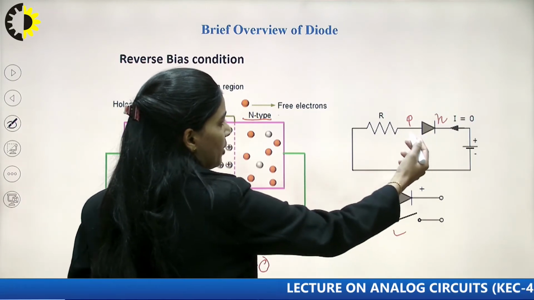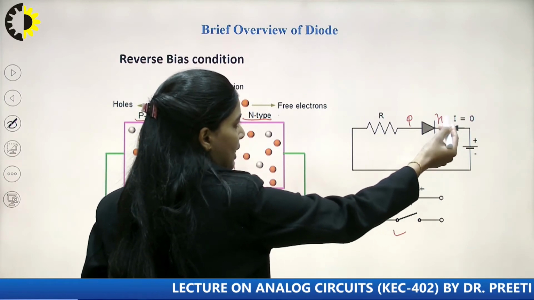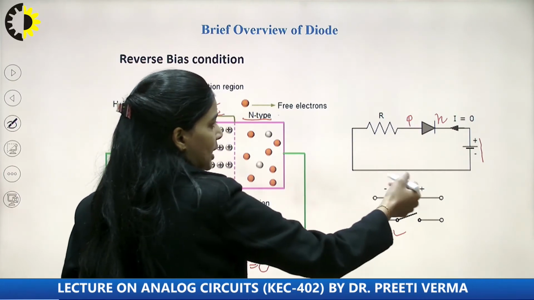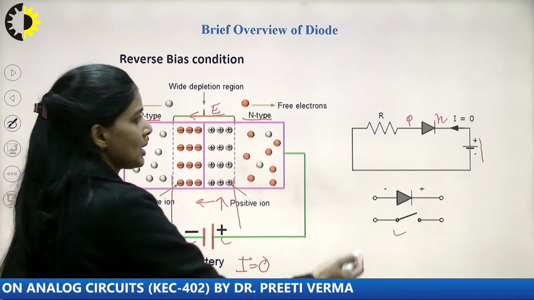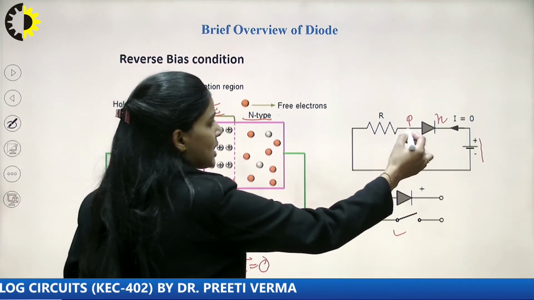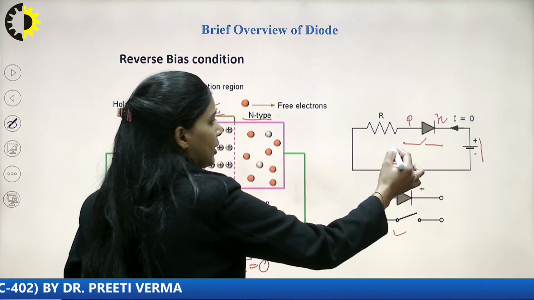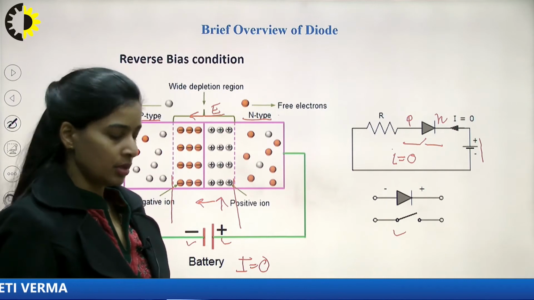This is the diode P side and N side, and as you can see, N side is connected to the positive of the battery and P side is connected to the negative of the battery through the resistance R. So in this way, this diode is acting as an open switch, and the value of current here will be 0 for this type of connection.